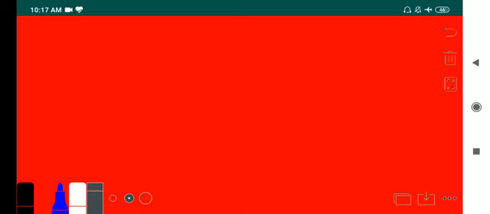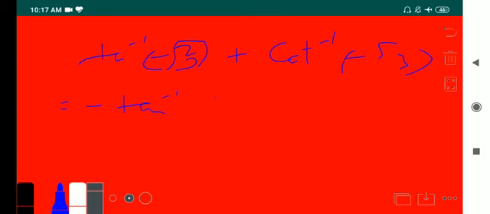Let us solve a few more questions based on this. If I say tan inverse of minus root 3 plus cot inverse of minus root 3. So we can say it is minus tan inverse root 3 plus, and this can be written as pi minus cot inverse root 3.